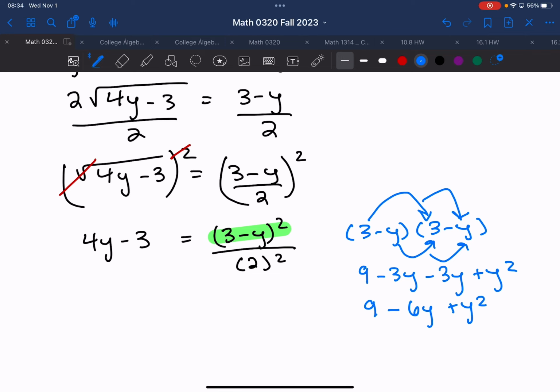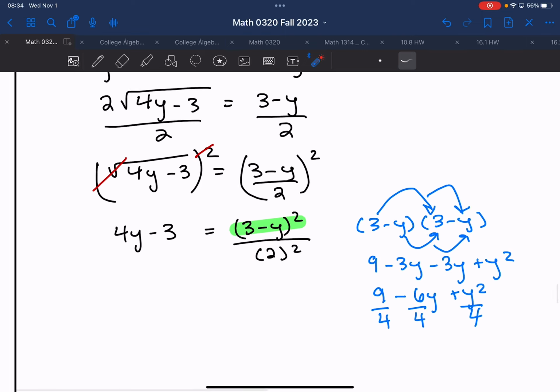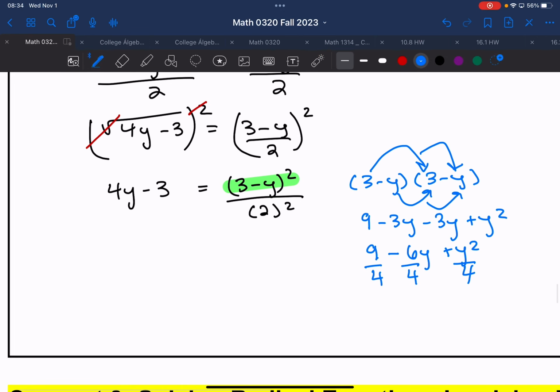So each of these are now being divided by 4, and that is because of this right here. So if I was to rewrite this, I now have 4y minus 3 is equal to 9 over 4 minus 6 over 4y plus y squared over 4.